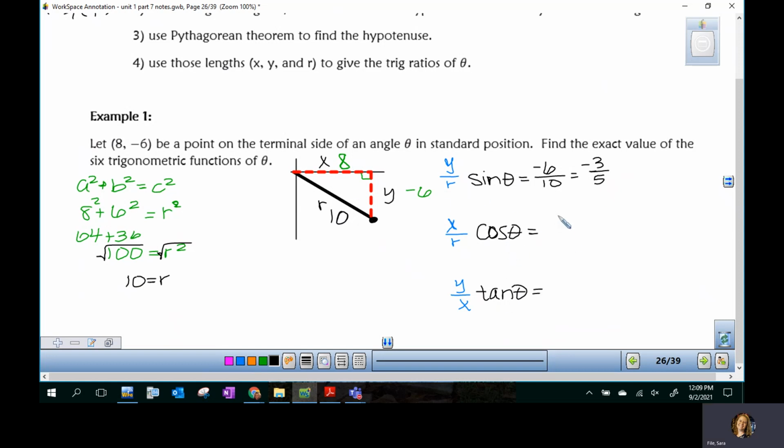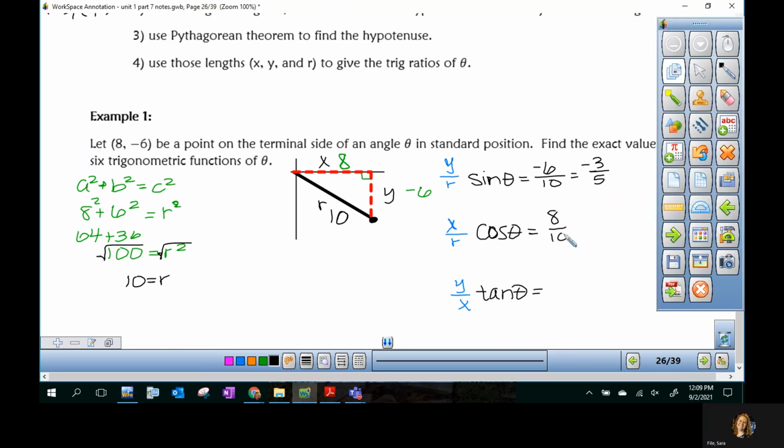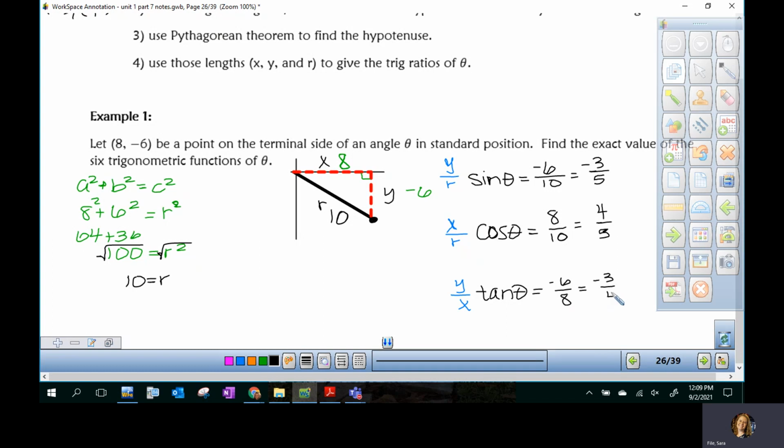That's 8 over 10. Also, that reduces to 4 over 5. And then tangent is y over x, so -6 over 8 reduces to -3 over 4.